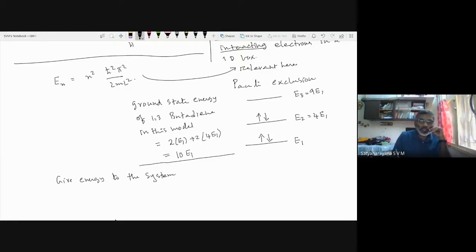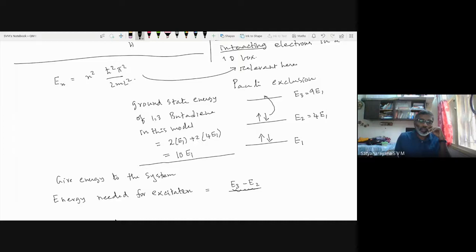One excitation is that this electron can go from here to here. That means the energy needed for the excitation is basically E3 minus E2. This much is the energy required for the excitation.